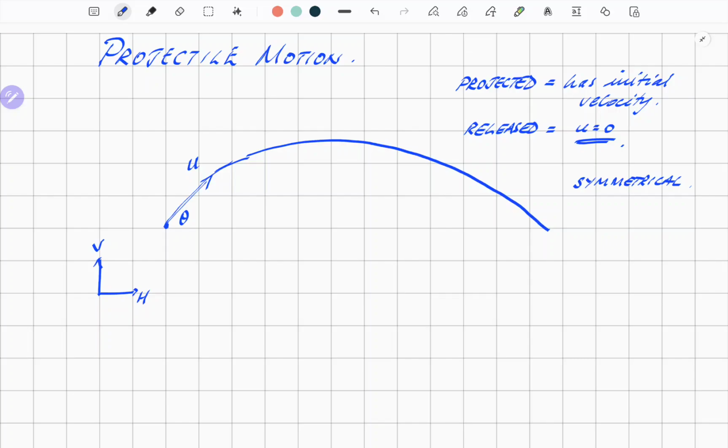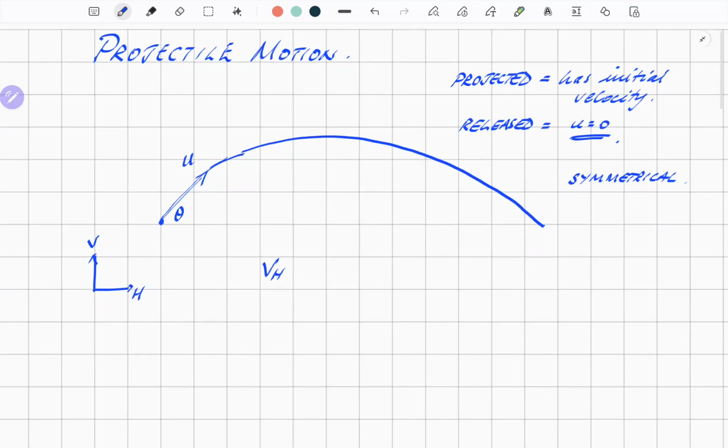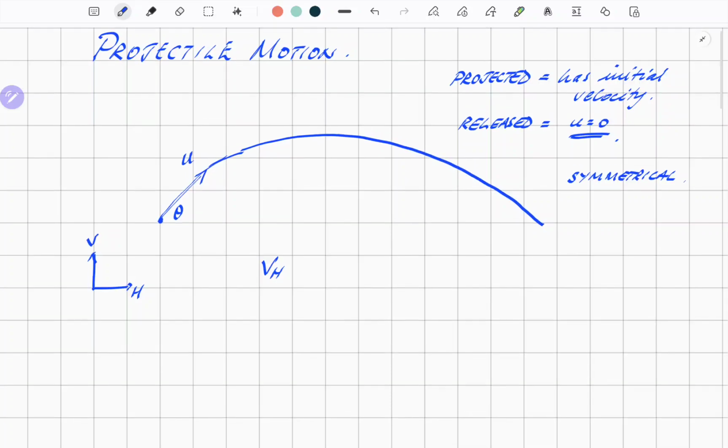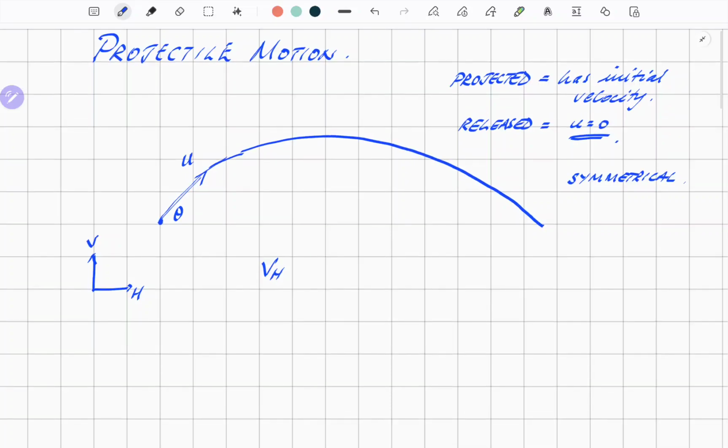And again, use whatever notation you want to, whatever's in your textbook. The horizontal component of velocity at any given point is going to be resolving that using the angle. The vertical one is u sine theta. Oh, my apologies, I've just gone the wrong way, haven't I?